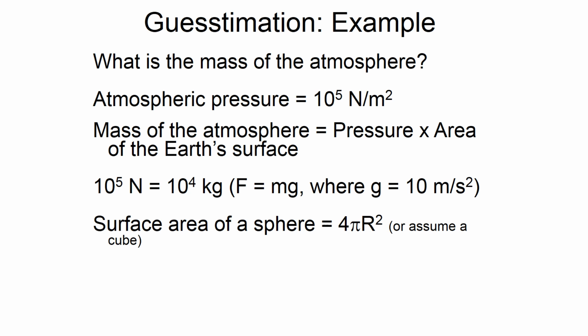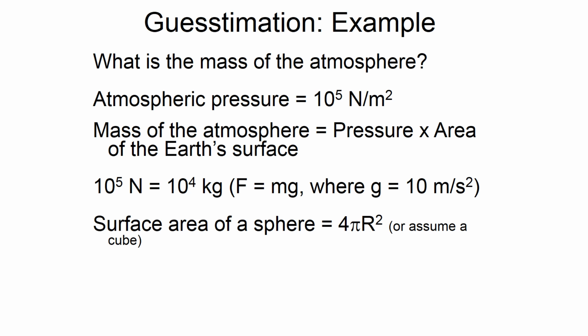So the mass of the atmosphere is going to be this number times whatever this is. So we'll have mass of the atmosphere equals 10 to the 4 times 4 times 3 times 6 times 10 to the 6, all squared. Now that's slightly simpler, and we can carry on simplifying.